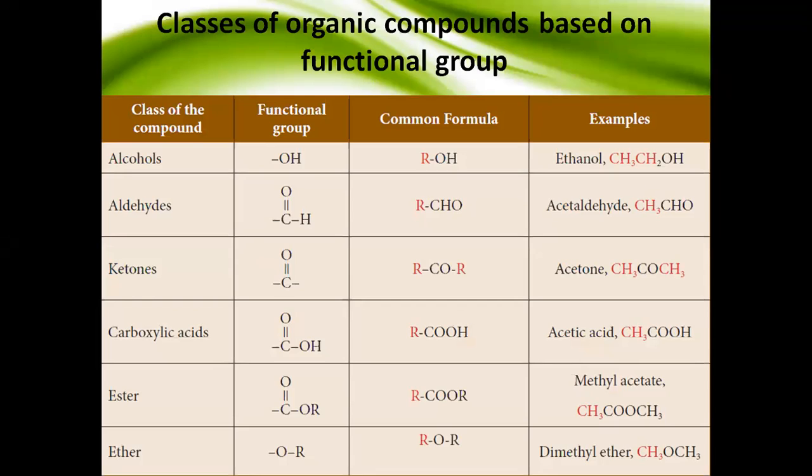Leaving the functional group, the remaining part we put as R. Alcohols: the functional group is OH. For example, ethanol, CH3, CH2, OH. The CH3, CH2 part is R and the functional group is OH. So the common formula for alcohol is ROH.